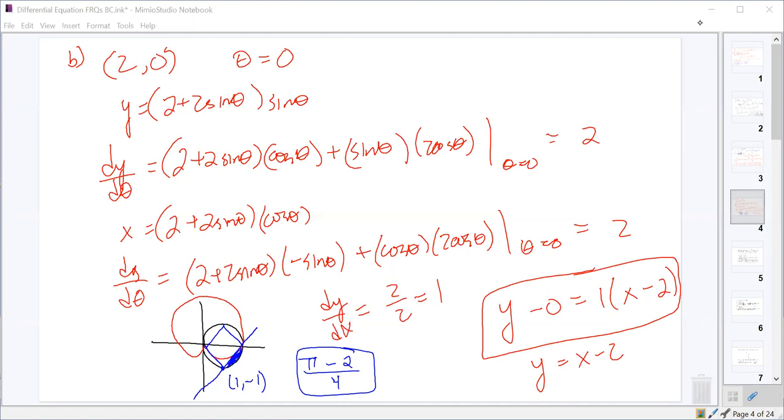Yes, Nick, you could do it with integrals, but you'd have to write the equation of this circle here. It's a circle centered at (1, 0), so you have to write it as (x minus 1) squared plus y squared equals 1, and then you'd have to get the bottom half of that, which would be y equals the negative square root of 1 minus (x minus 1) squared.